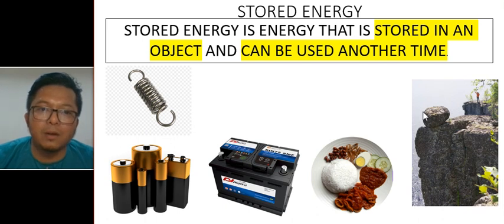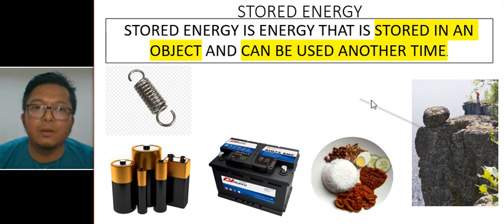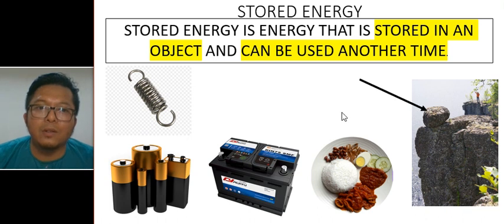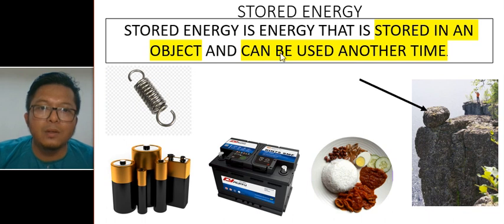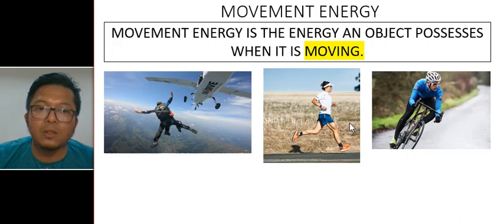This rock at the edge of the cliff. See. So everything just now is stored energy. Energy that is stored in this object. What happens if this rock falls down? The energy will be released and it will change.